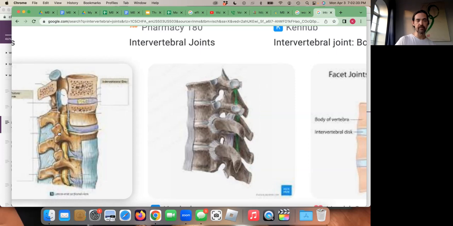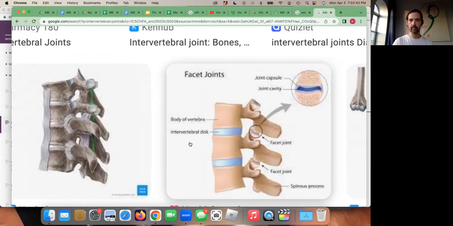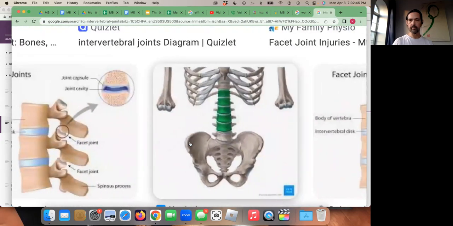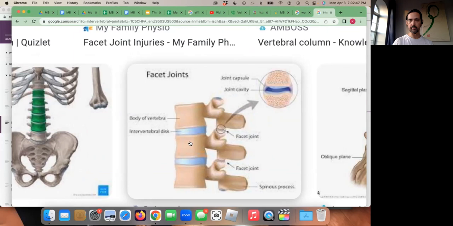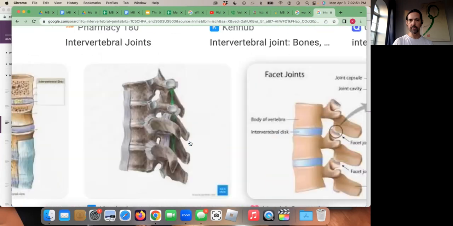And then on the sides of the vertebrae are the transverse processes.